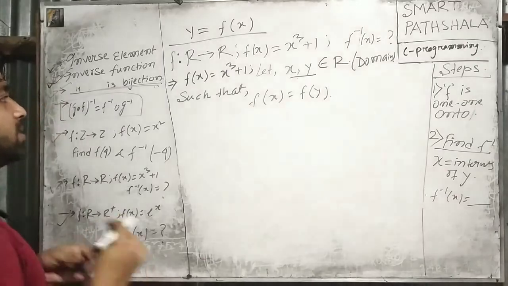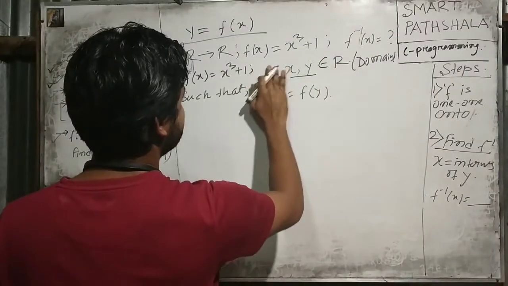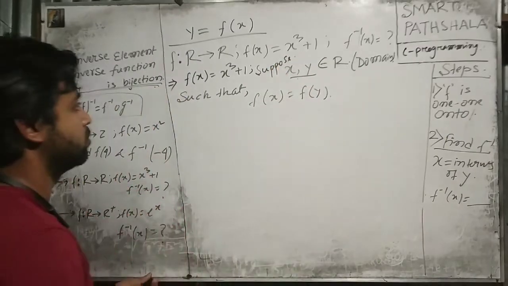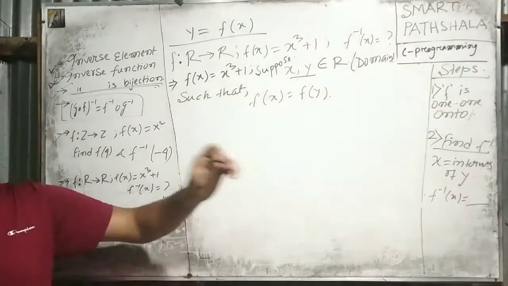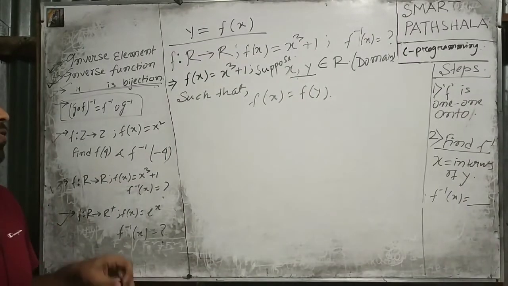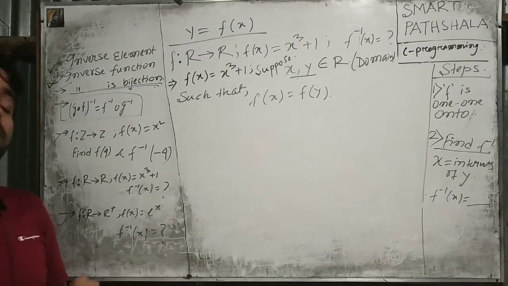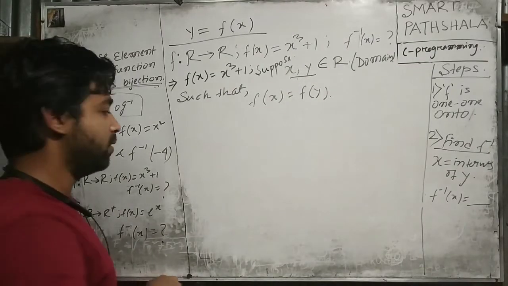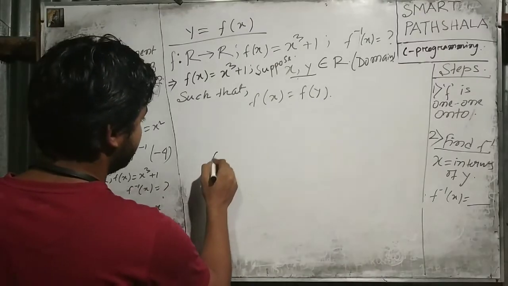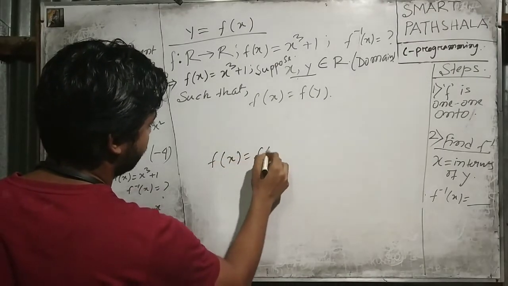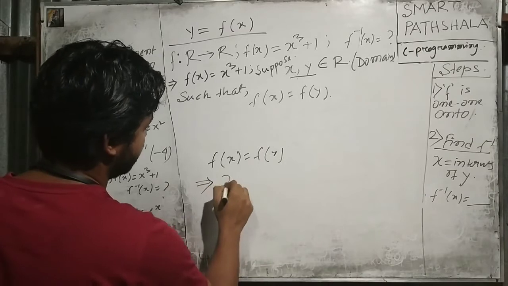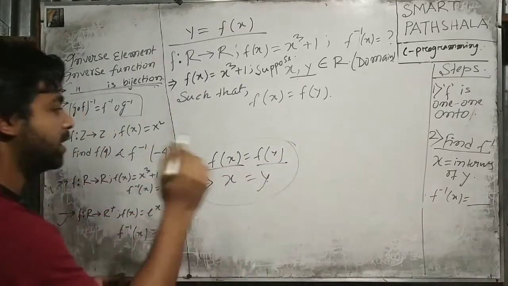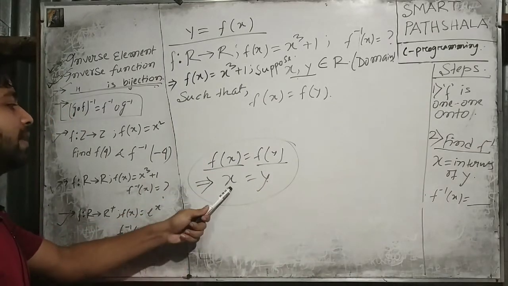Okay, we have taken, or you can say this is suppose, right? Now you have to recapitulate my last to last video, when we found out the necessary condition for a function to be 1-1, in which we found that if f of x is equal to f of y, this implies that x is also equal to y, which means that this f of x and f of y are nothing but the images of this x and y.